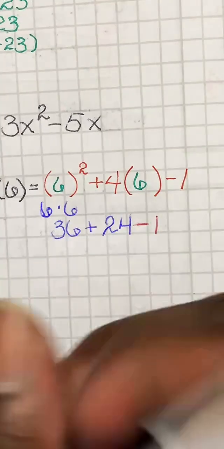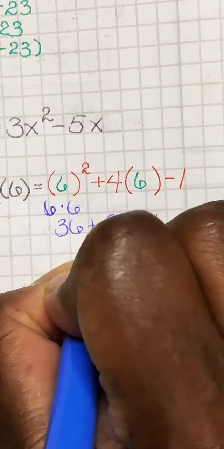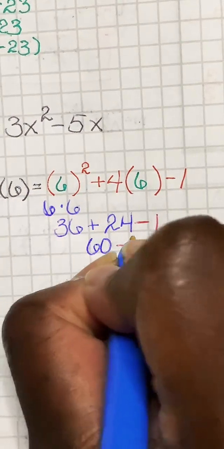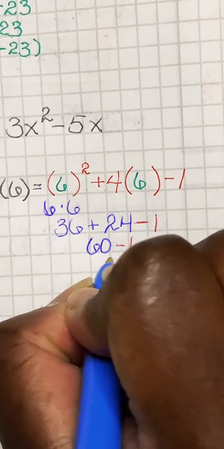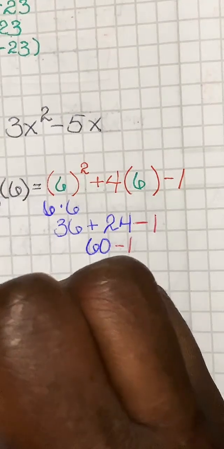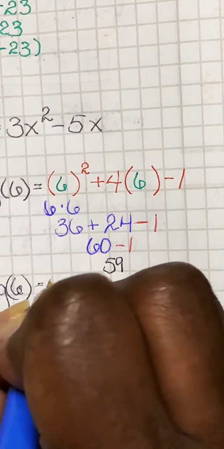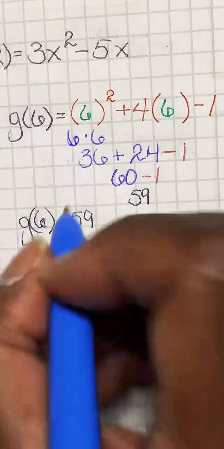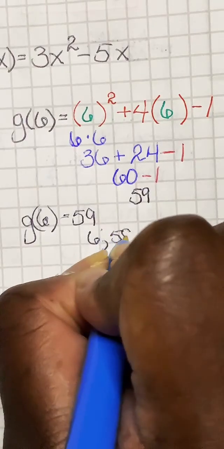And 60 minus 1. Why am I not writing this down? Maybe because I'm getting a little tired. So 60 minus 1 will give us our answer of 59. So your G of 6 is 59. Basically what you found was an ordered pair, which is 6, comma, 59.